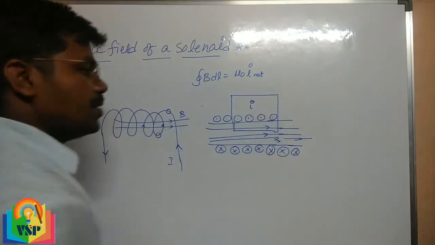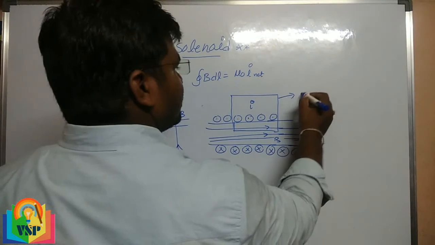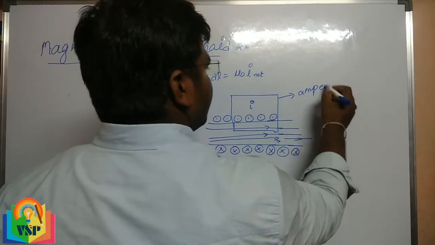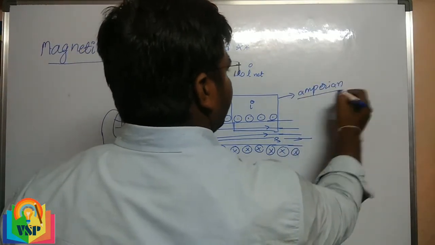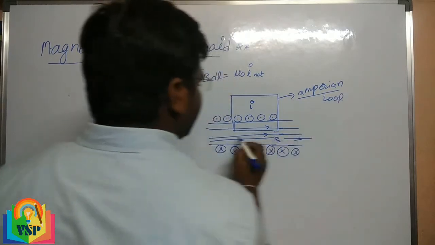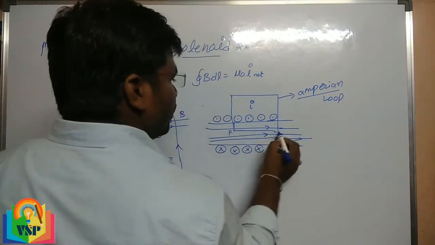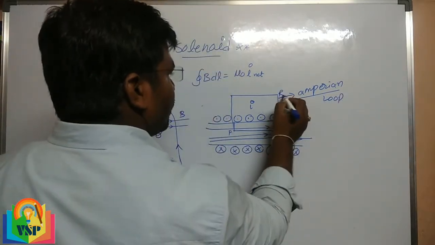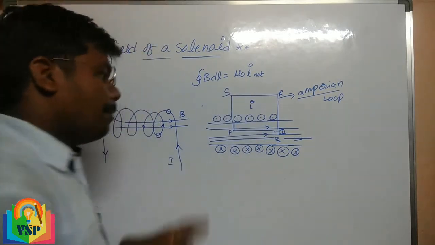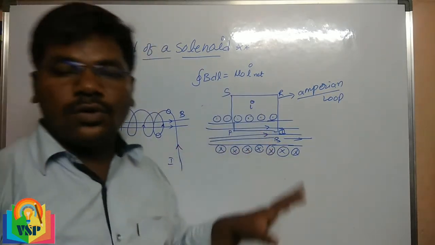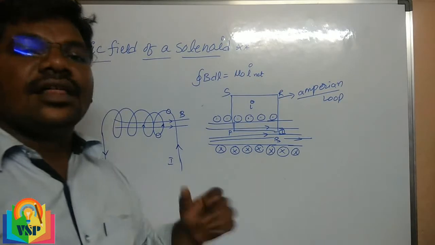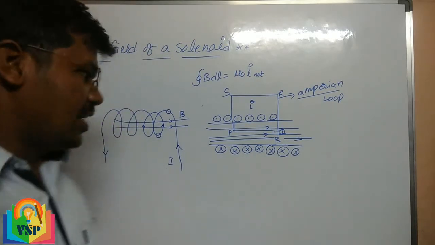We can call this the Ampere loop, say P Q R S. By using this Ampere loop, we have to find the magnitude of magnetic field.